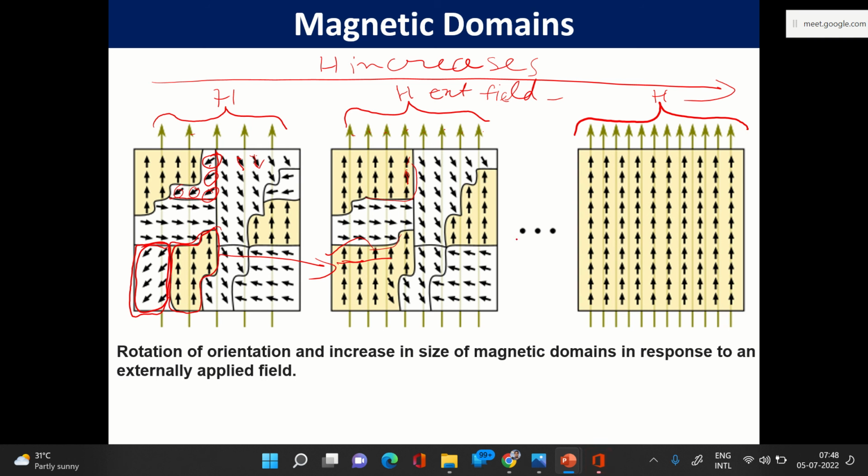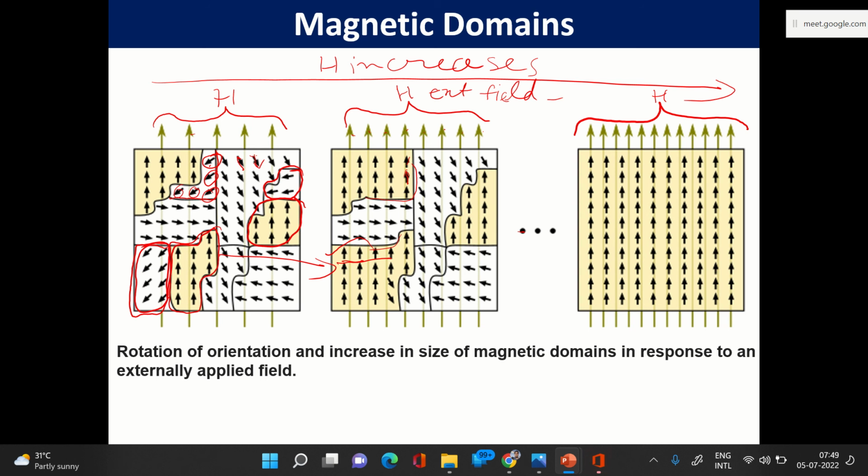And gradually, if you continue doing so, you can look at this picture here. It was like this, and this was a domain which is now completely gone. They have all aligned in the same direction, and so we count them as part of this domain, which is increasing in size.